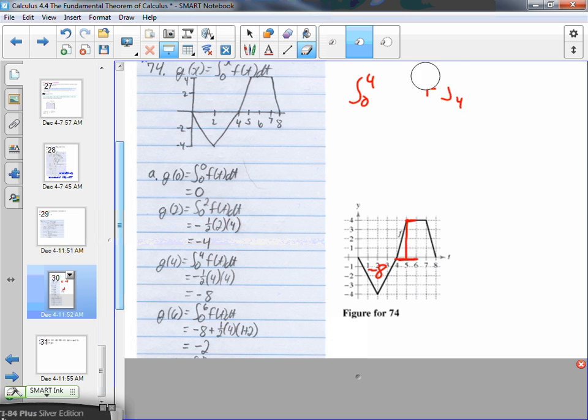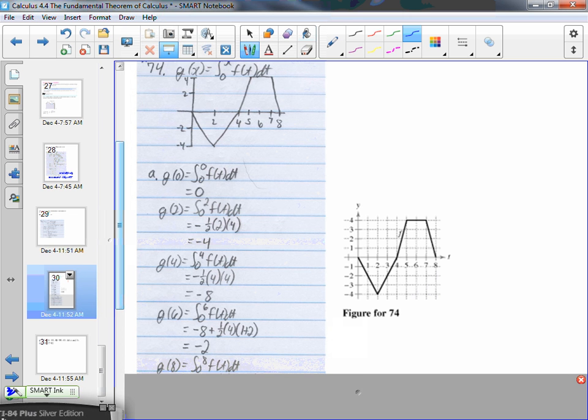And then, the very last one, they want to know the integral from 0 to 8. How are you going to break that one up? I'm breaking it up this way. I know what the integral from 0 to 6 is. It's negative 2.